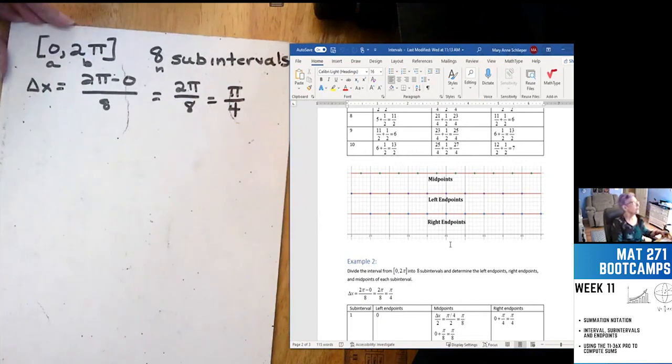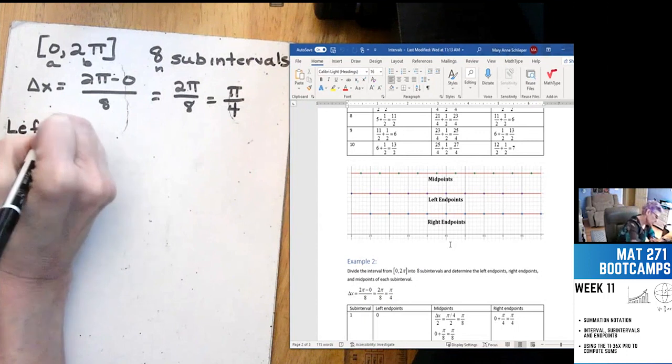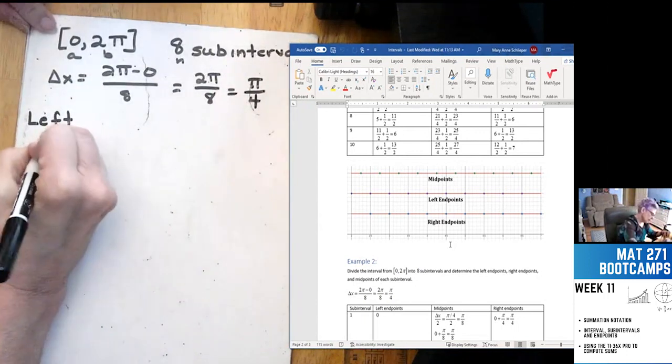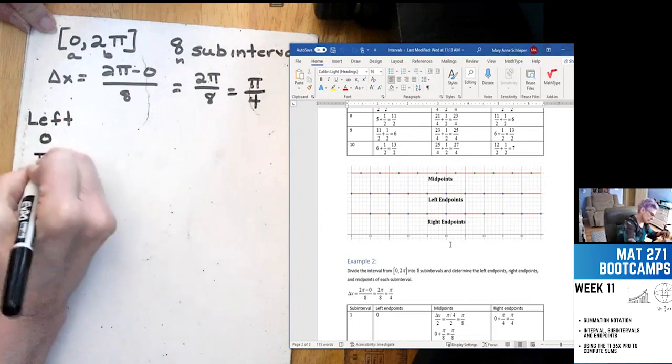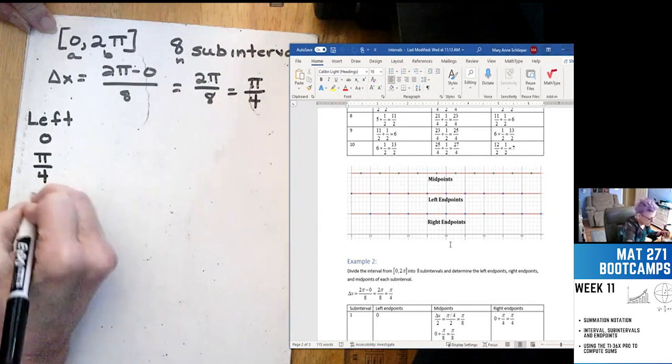So pi over 4. Our left endpoints, we start at 0. And we just add pi over 4 each time.